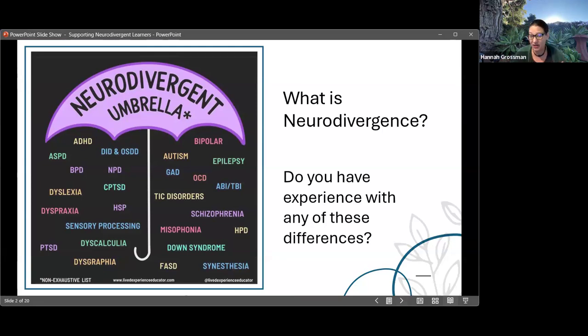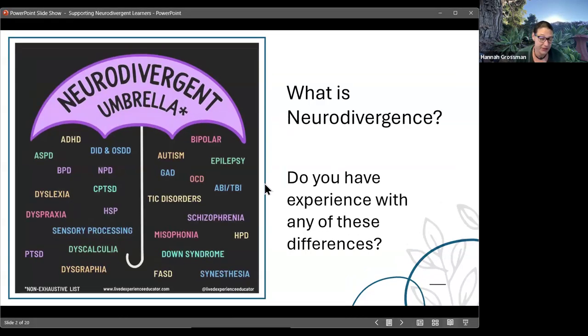What we have showing on the screen is the neurodivergent umbrella covering a range of 25, 30 different cognitive processing differences. These are not all of the ones under the neurodivergent umbrella, but these are some of them.